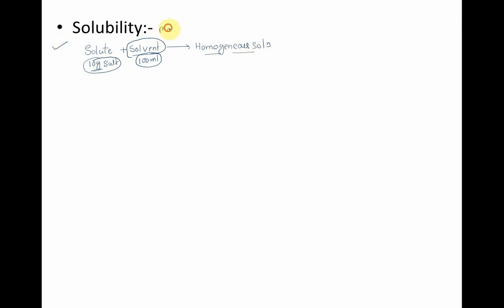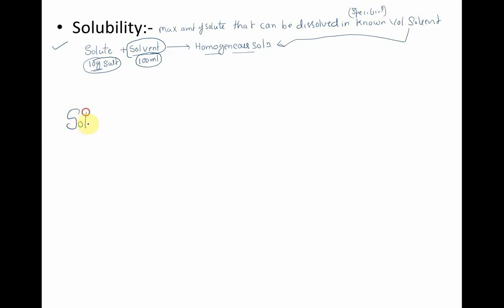Then what is the meaning of solubility? Maximum amount of solute that can be dissolved in a known volume, or we can also write it as specified volume, of solvent to form a homogeneous saturated solution is called solubility.